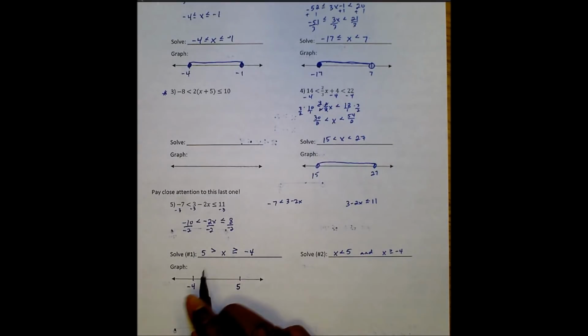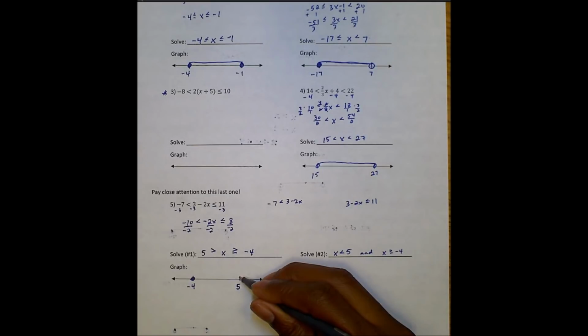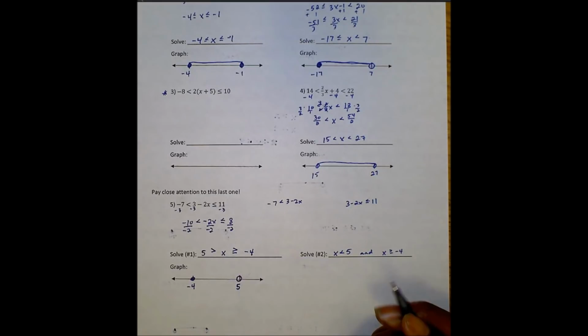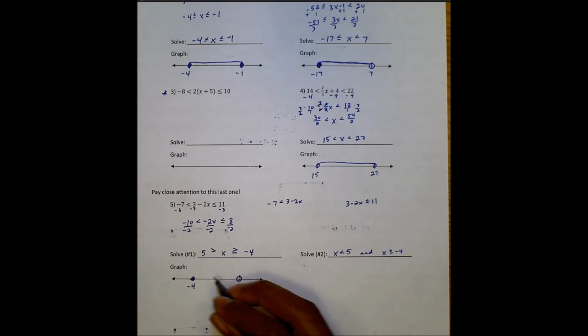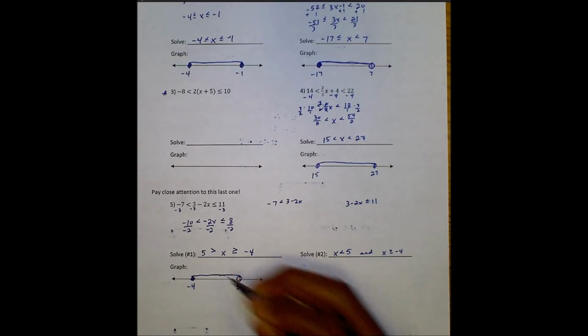Even though 5 is on the left side, 5 would be furthest to the right on our number line. So closed circle for negative 4, and open circle at 5. x is less than 5 means it has to go this way. x is greater than or equal to negative 4 means it has to go this way.